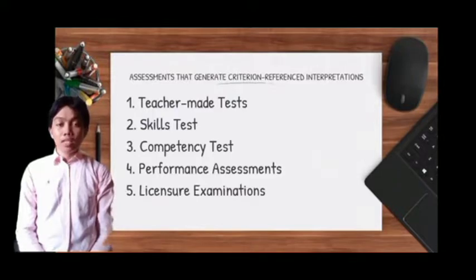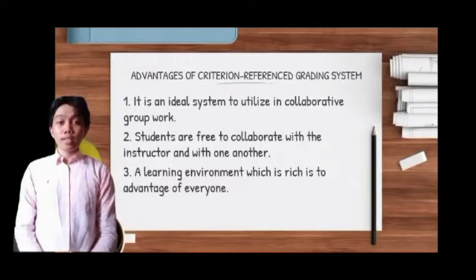Examples of these are licensure examination for teachers, for nursing, for criminology, etc. In diagnosing needs of students and monitoring their progress, criterion referencing is utilized. Likewise, it is used in certification and evaluation of a program. It is the preferred assessment mode in an outcome-based education framework.